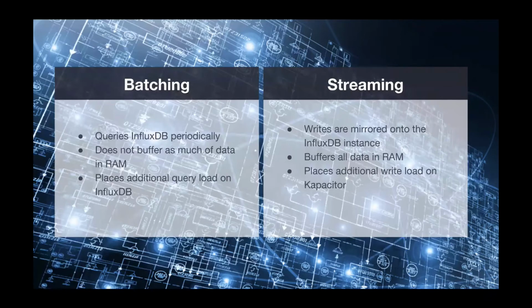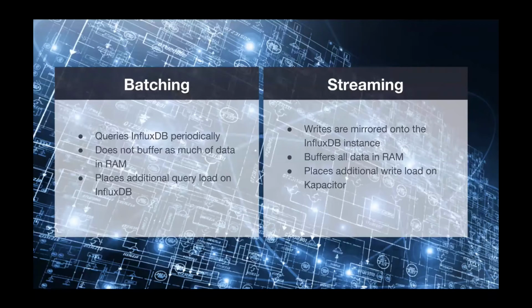On the other side of that, stream tasks. As I mentioned, with stream tasks Kapacitor creates the subscription to InfluxDB so that every data point that's being written into InfluxDB is also being written to Kapacitor. Because of this, it's buffering all that data in RAM, so it's using up a lot more memory. That's definitely something you need to consider in terms of what resources are available to you.